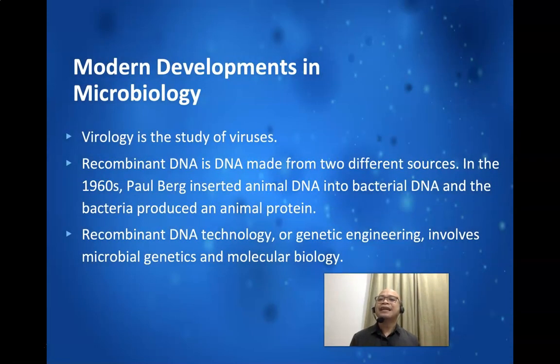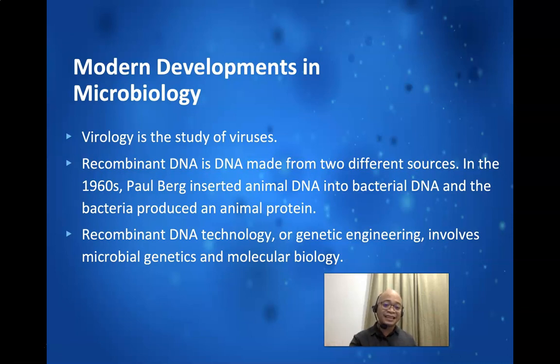Also in microbiology, the study of viruses has improved, and recombinant DNA technology has also improved. When you say recombinant DNA, the DNA is made from two different sources. In the 1960s, Paul Berg inserted animal DNA into bacterial DNA.